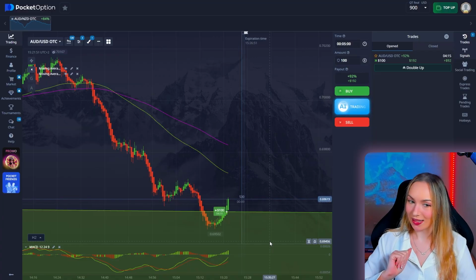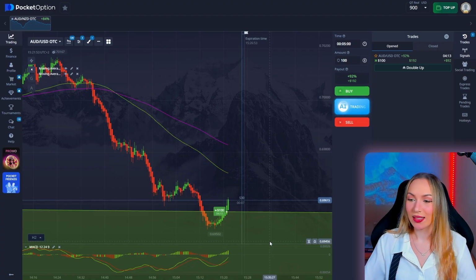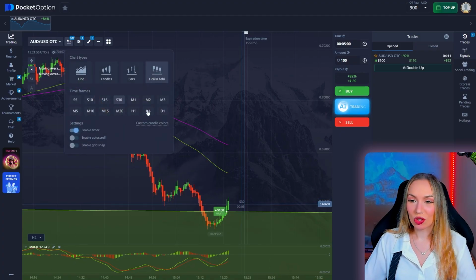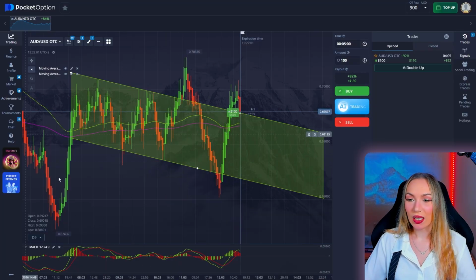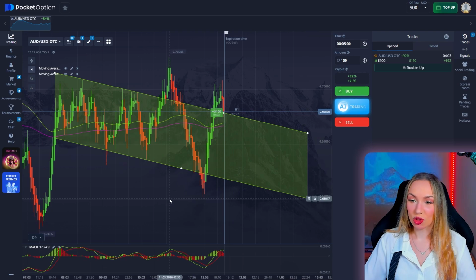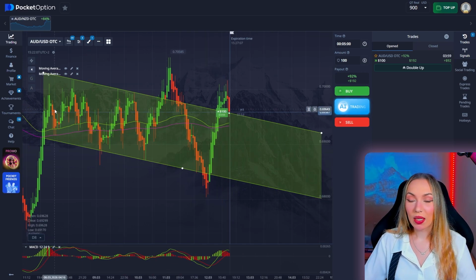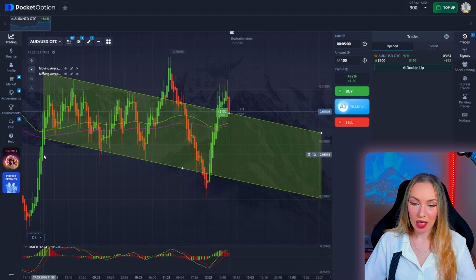It looks like it's a downward trend, but when we check a bigger time frame, we can see that AUD/USD is moving in the downward parallel channel, which is also actually a downward trend, right? But anyway, it's been moving here for a long time, since the 7th of March.